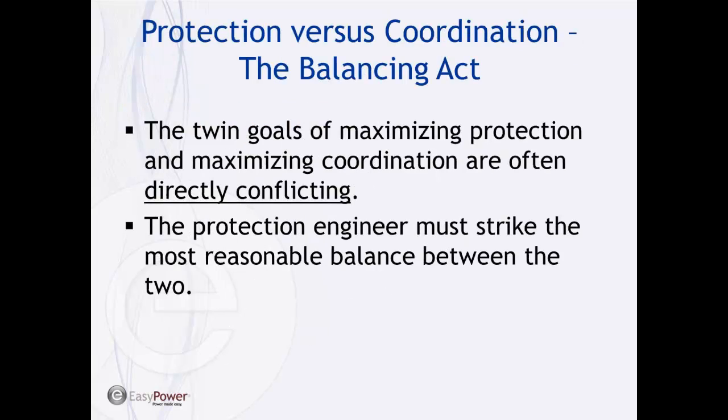When we talk about trade-offs, we're talking about protection versus coordination. It's sort of a balancing act. The twin goals of maximizing protection and maximizing coordination are often directly conflicting, and the protection engineer must strike a reasonable balance between the two.